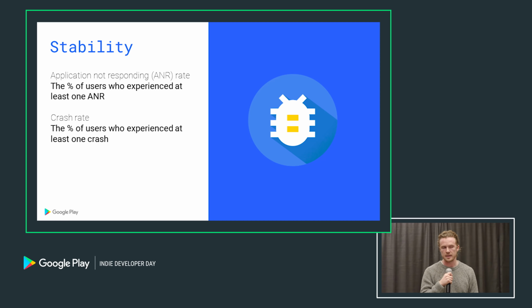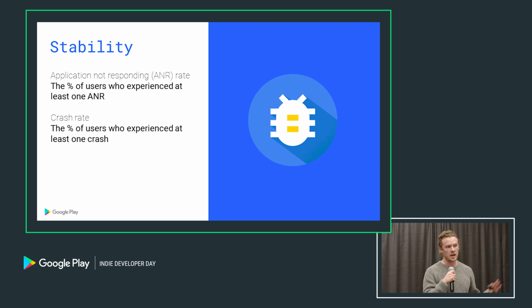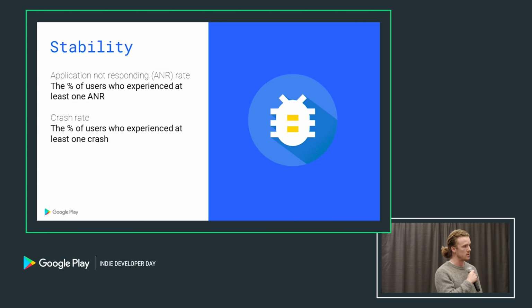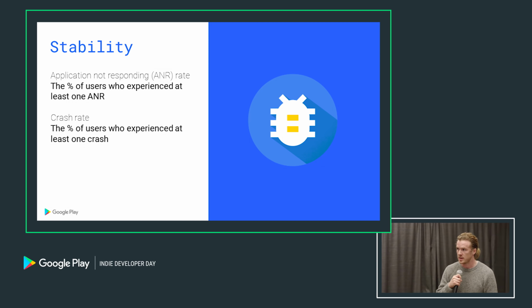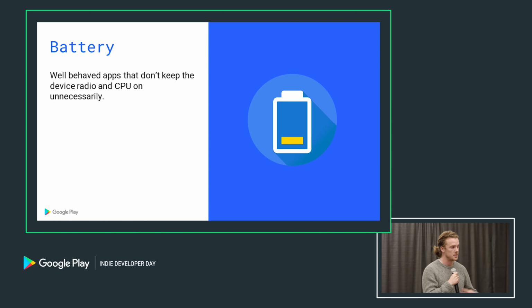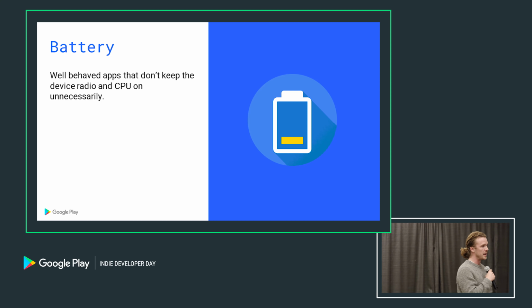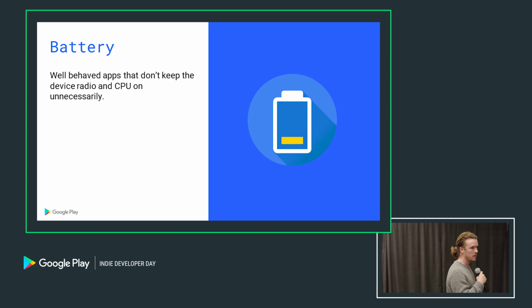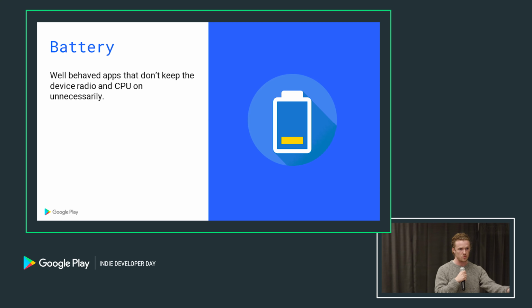Some of the ones that might be of interest to game developers specifically are the bad behaviors that Android Vitals tests for. So you've got crash rates, you've got ANRs. Around battery, Android P has introduced a lot of new battery and power measuring tools for users.